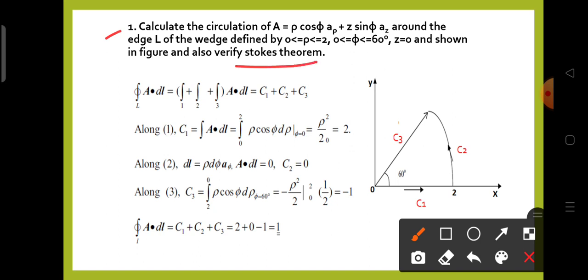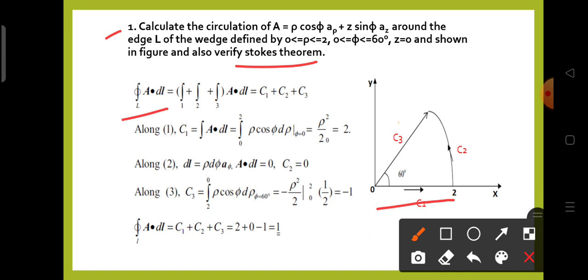See, the line integral of A dot dl: here the first path is C1, then C2 and C3. We have to take the integral for each individually, then add them all, and it will give you the value. Along C1, rho is changing, then phi is not changing, phi is constant, that is 0 degrees.